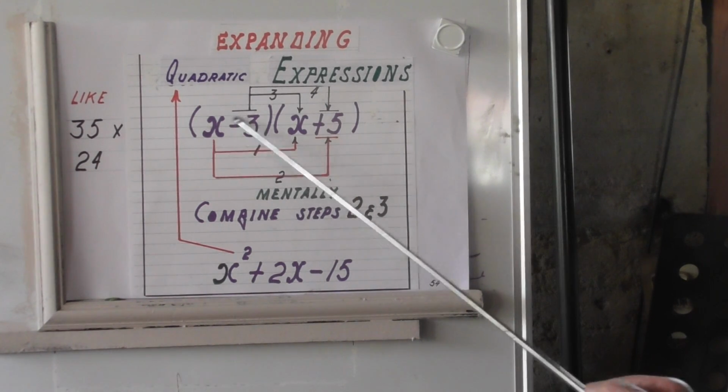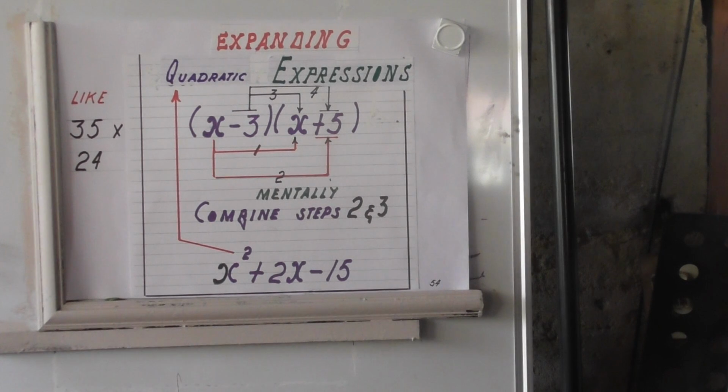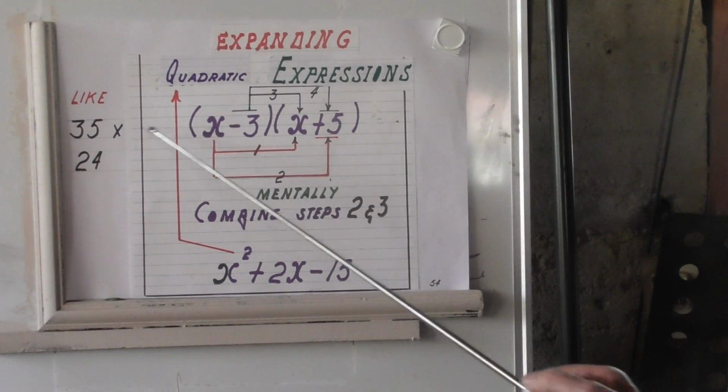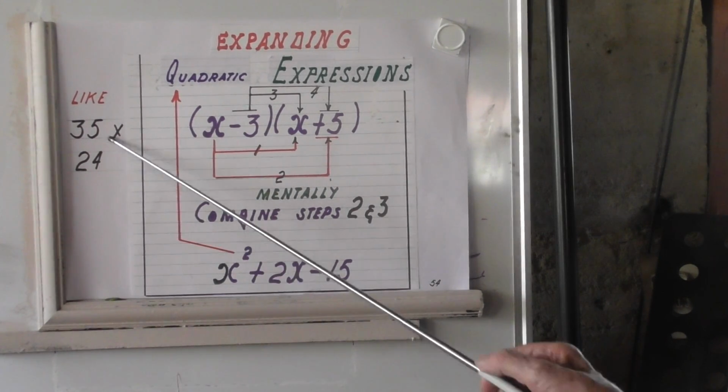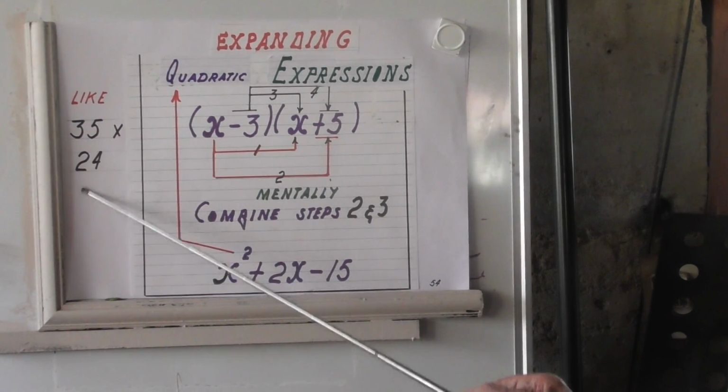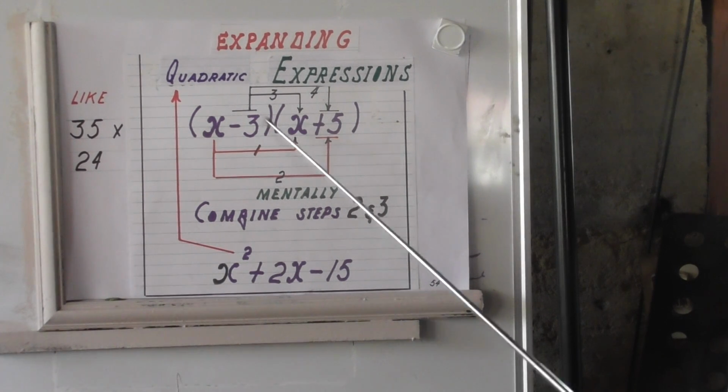Expanding is we have to multiply it out. Instead of an algorithm, we do it by... So this is like 35 times 24 as an algorithm. 4 5s, 4 3s, 2 5s, 2 3s. Same here, 4 steps.